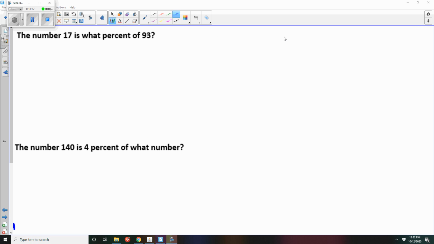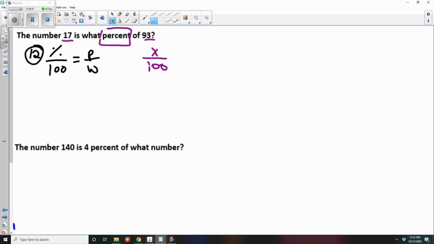So example 12. Once again, it's percent over 100 equals part over whole. And this time we were asked, the number 17 is what percent of 93? So once again, what were we asked to find? The percent. So what should I use above 100? x over 100.